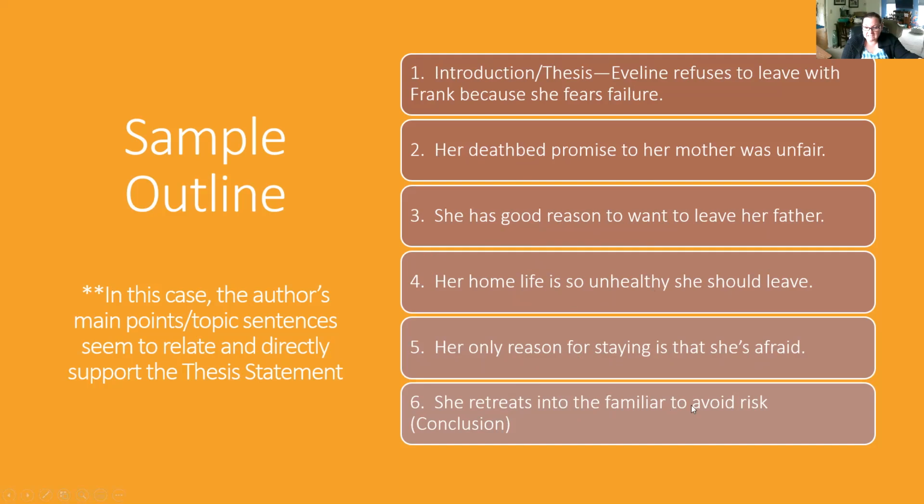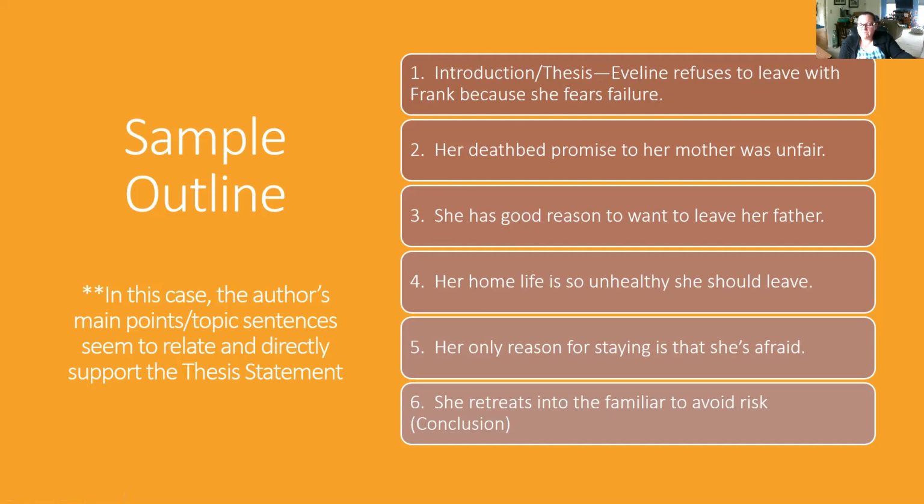So she retreats into the familiar to avoid risk. And that's the conclusion of the essay. Right? So points 2, 3, 4, and 5 represent the main ideas in the essay, the main points, if you will. Right? In this case, the author's main points, the topic sentences, seem to relate directly to the thesis statement, right?